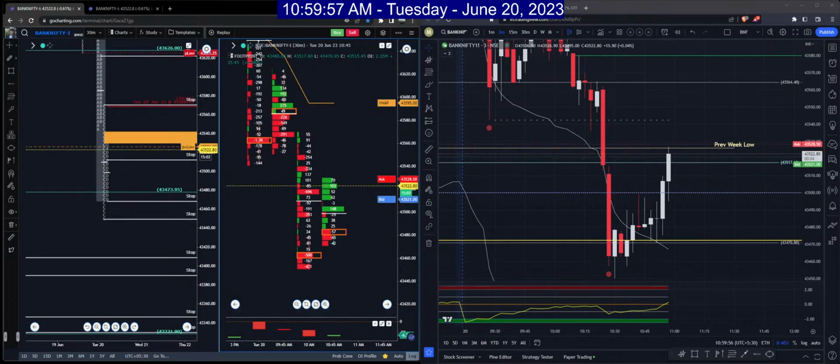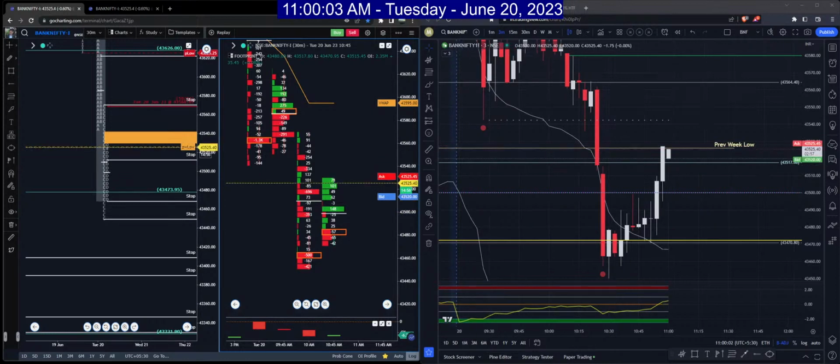So my buy price is 210 for 43,500 put. And my SL is going to get hit now.